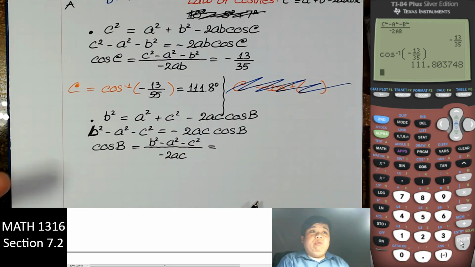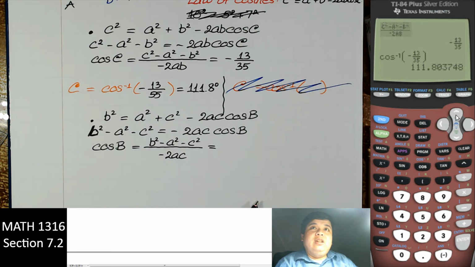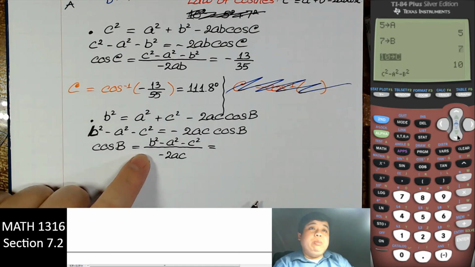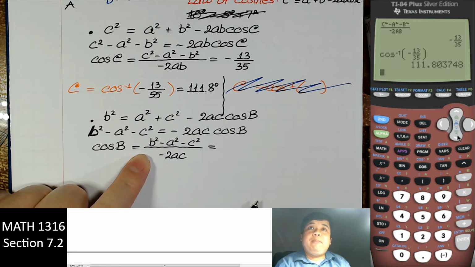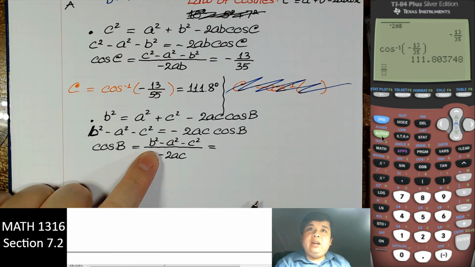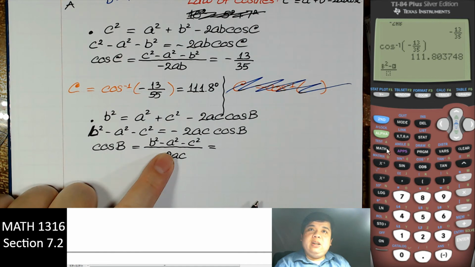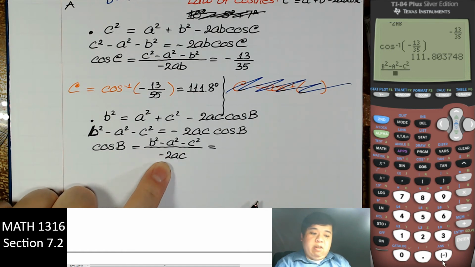The reason I prefer to use this is because we already stored A, B, C into the calculator. We already did that. So it would be very convenient just to do this. B squared minus A squared minus C squared divided by negative 2AC.